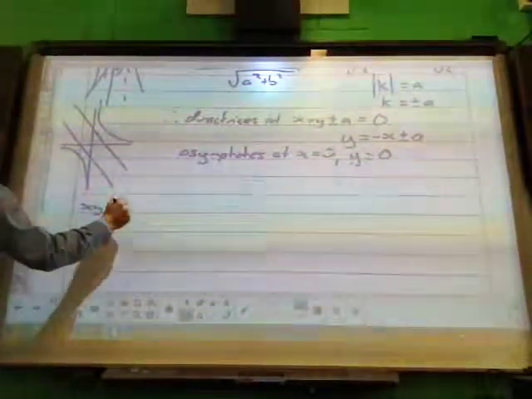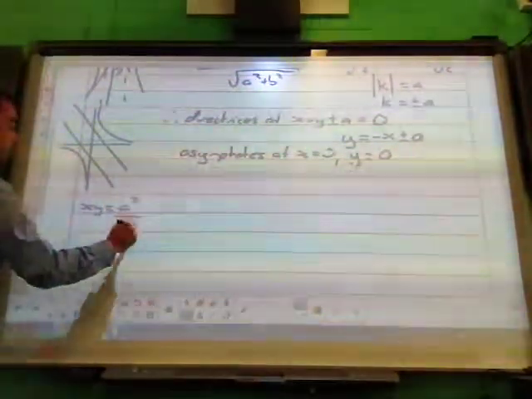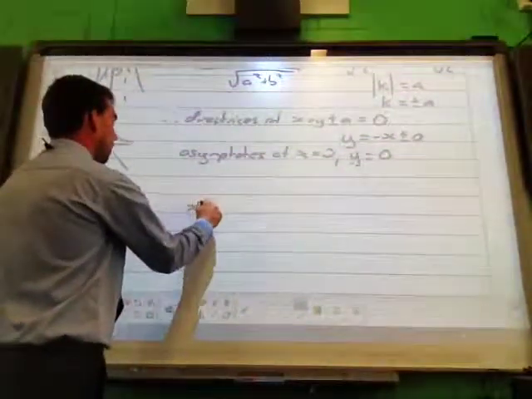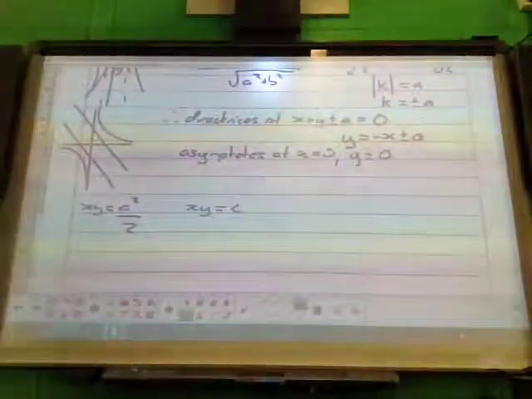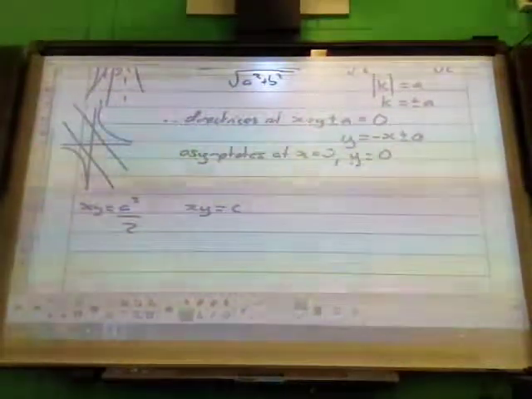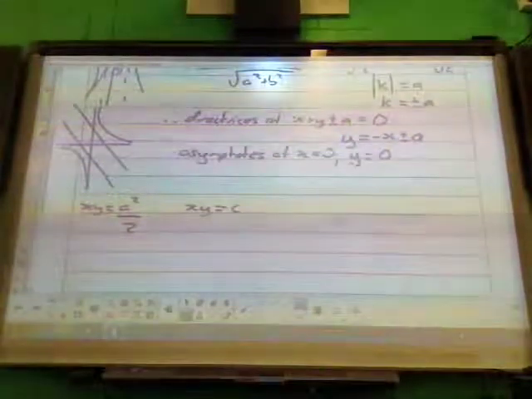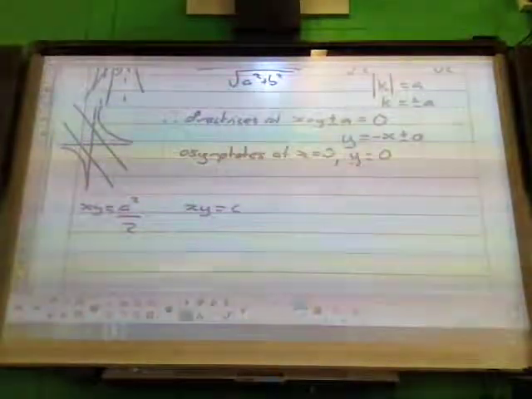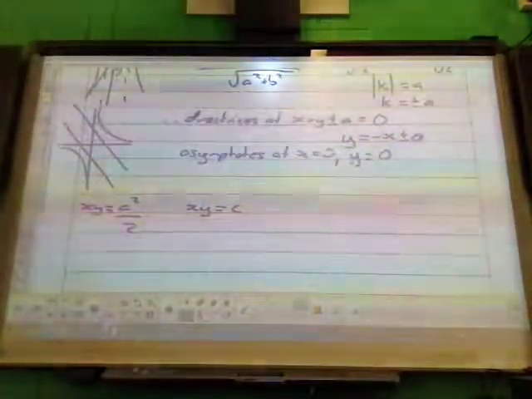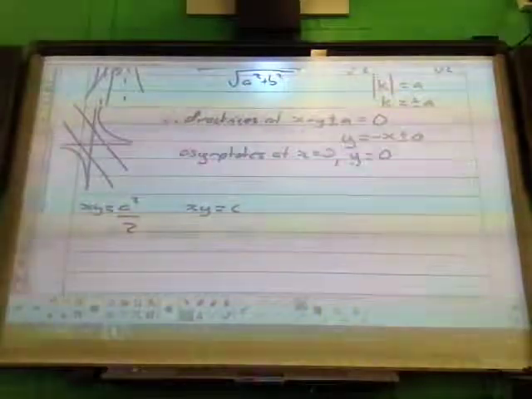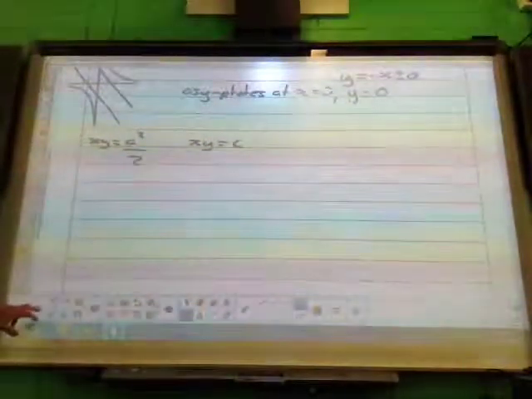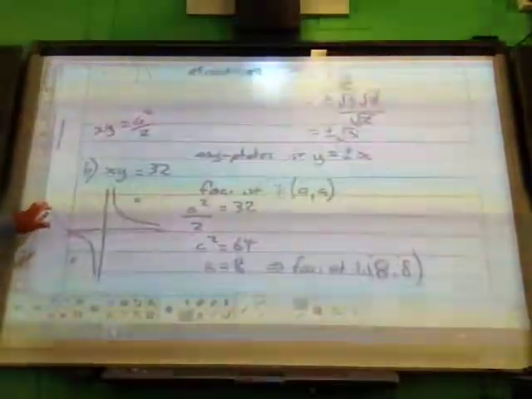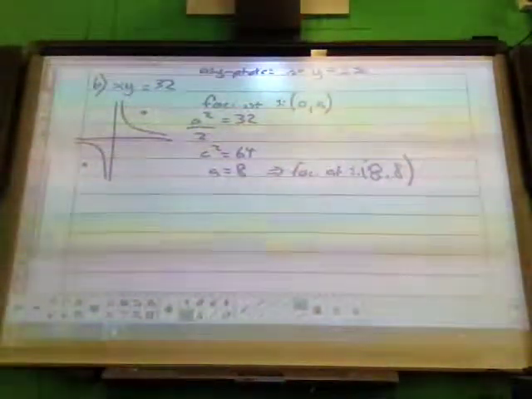Alright, xy was a squared on 2, and you can have a look at this in your notes. Because this is really a constant, we're going to call it c, c for constant. In your notes will be the transition from your coordinates of the foci, equation of the directrices, and the asymptotes will still be the same. I'll quickly show you that next lesson when I set it up.